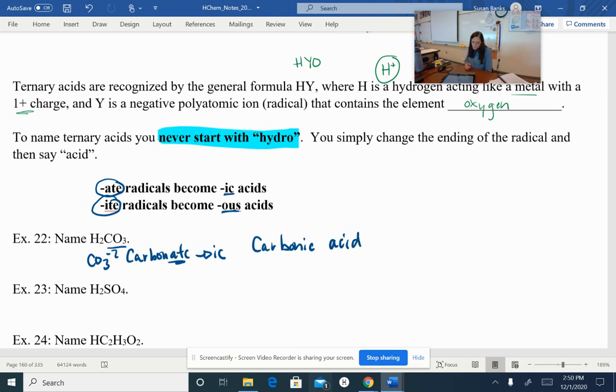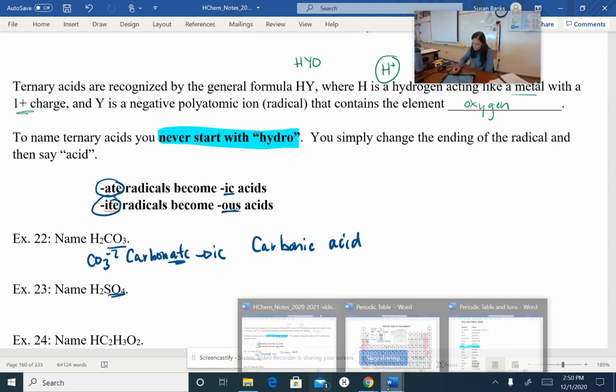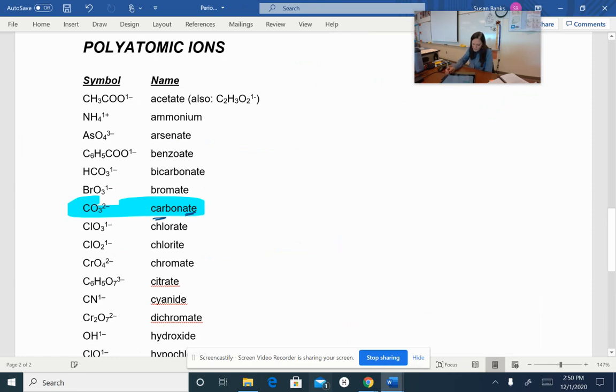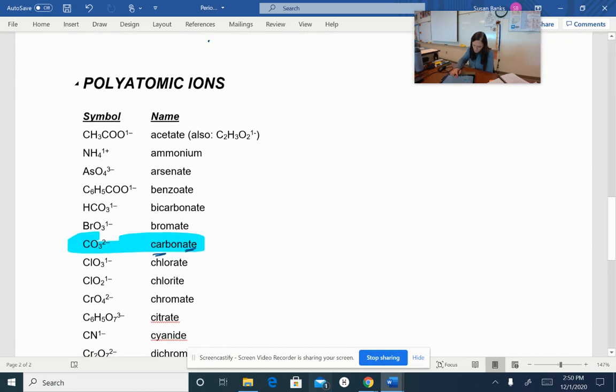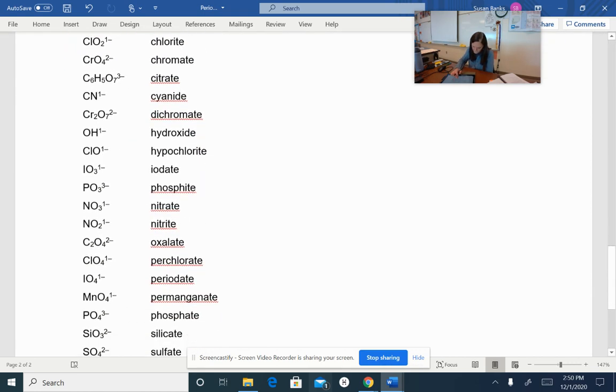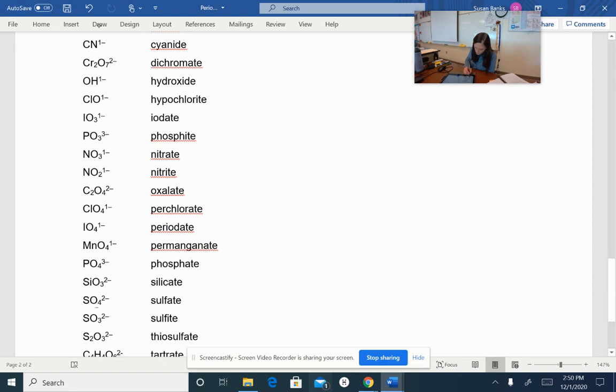Okay, so let's look at SO4. So our polyatomic here, SO4, let's see, SO4, sulfate. So I'm going to change that ate to ic. So this is going to, and we have to massage this one just a little bit.